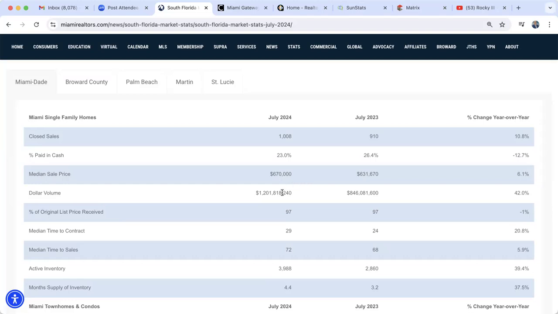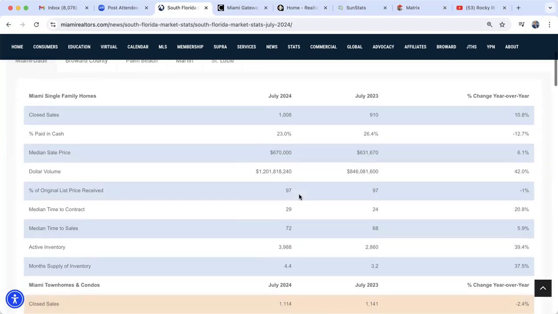The dollar volume for sales in Miami-Dade County in July in 2024 was $1.2 billion, and that's up 42% over the last year. So in July of 2023, there were a total of $846 million in dollar volume. This July, we totaled $1.2 billion. That's a huge increase as well.